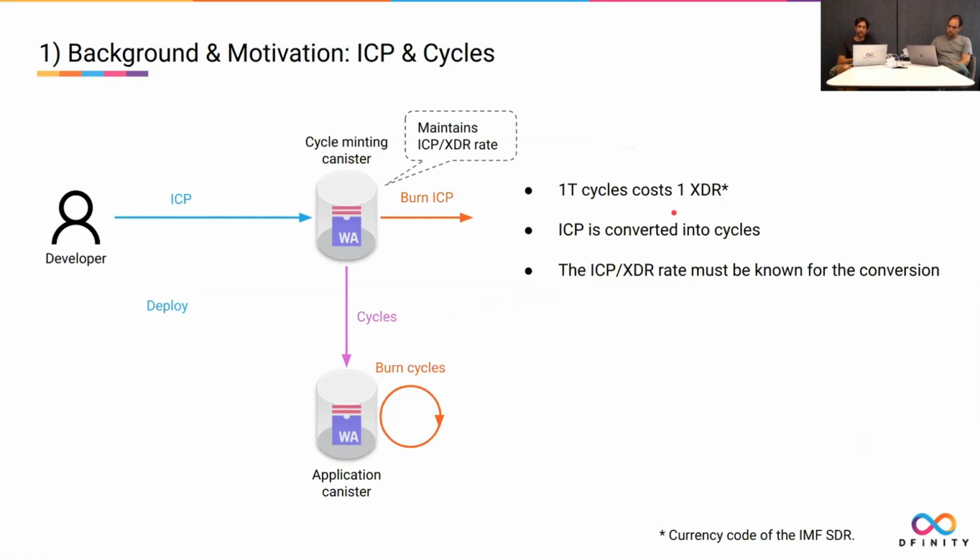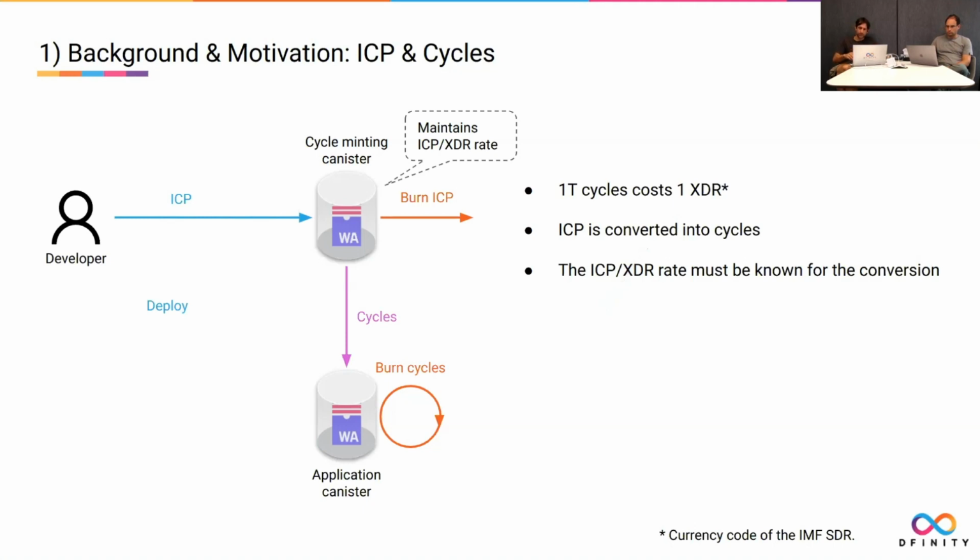Since ICP is converted to cycles and we have this peg for the price of cycles, it follows that we need to know how many XDR is one ICP for this conversion. And since the price of ICP fluctuates and the XDR value also changes over time, we need a mechanism to know this exchange rate at all times in order to get the correct amount of cycles when converting ICP to cycles.